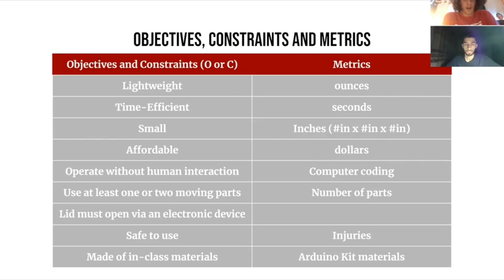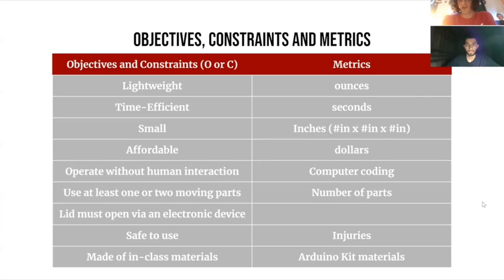Our constraints are the last five: the box has to be able to operate without human interaction. It has to use at least one or two moving parts. The lid must open via an electric device. It has to be safe to use, and it has to be made of in-class materials, that being the Arduino kit that we received from the campus.